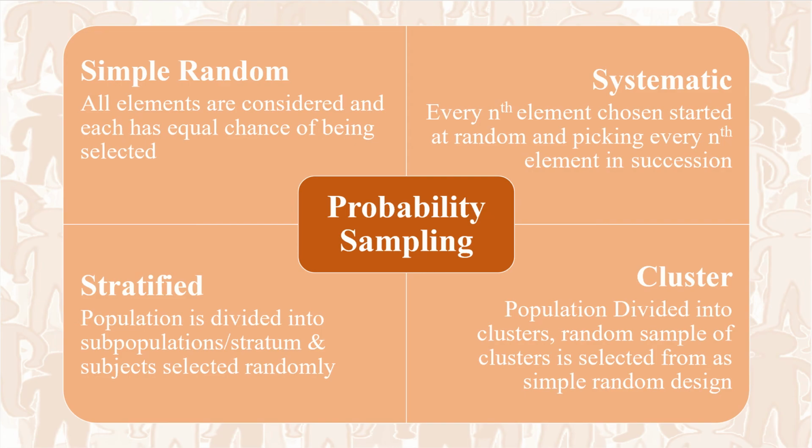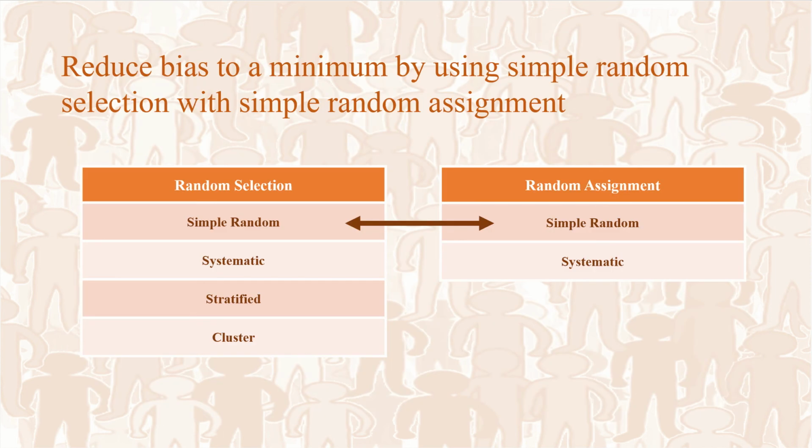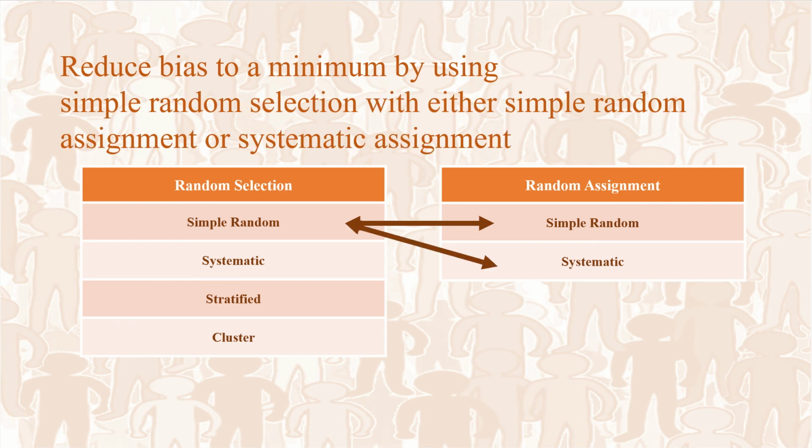After examining 4 probability sampling methods, simple random, systematic, stratified, and cluster sampling, we can look at some of the possible combinations that can be used to conduct experimental research. Simple random selection with a simple random assignment produces the least bias by controlling outside variables.